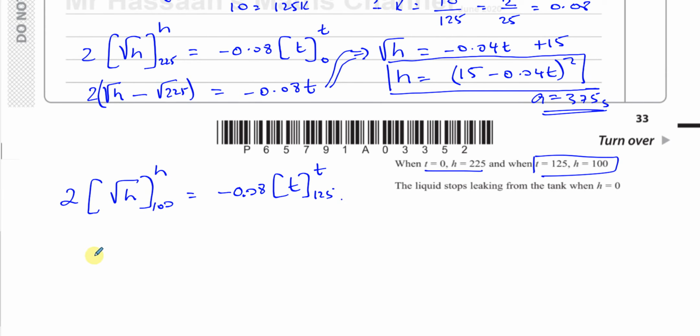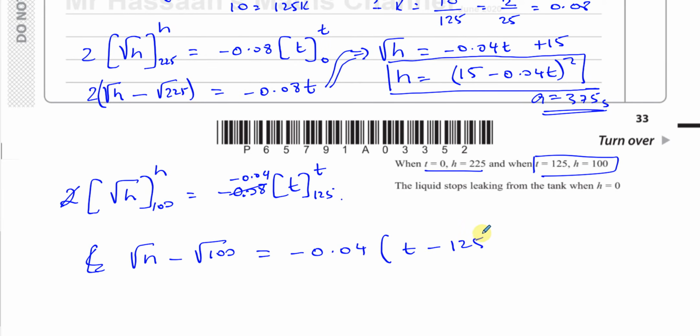So I'm going to divide by 2 first. So this becomes minus 0.04, just divided by 2. I just did that first. So this is going to be root h minus root 100 equals minus 0.04 times t minus 125.